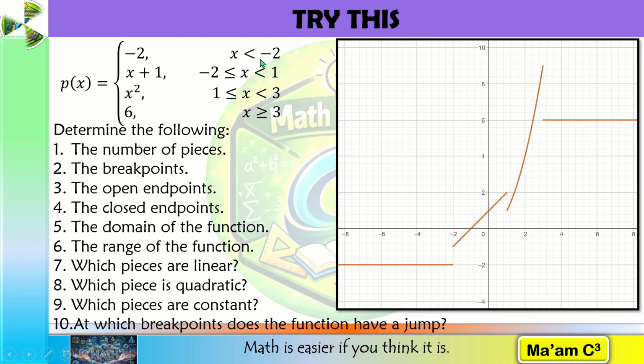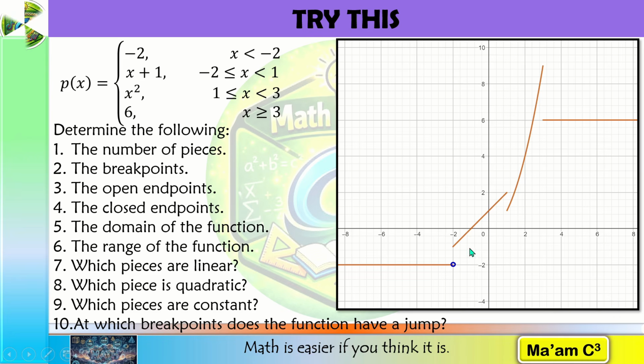Let's start with this one. Less than negative 2. So this is an open circle. At negative 2, negative 2, this should be an open circle. Next one, we have here or equal. So if x is negative 2, negative 2 plus 1 is negative 1. So if x is equal to negative 2, y is negative 1.